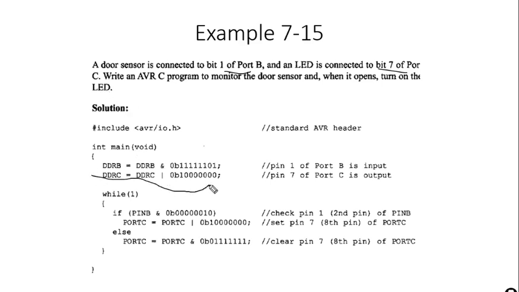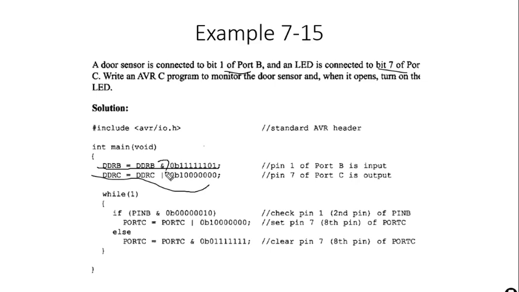First part of the code is configuring the ports. Here for the first time you can see that we are also modifying only the selected bit of the data direction register, and that is the practice that you should also follow. We only needed to modify one bit of each register. For data direction register B, we needed to clear one bit.